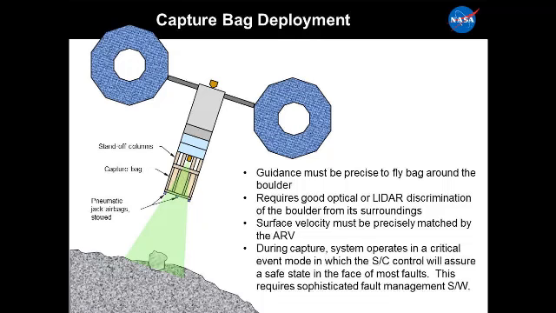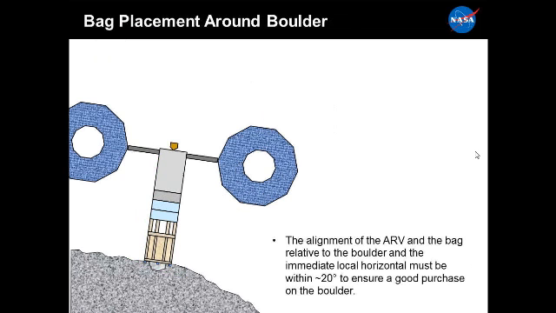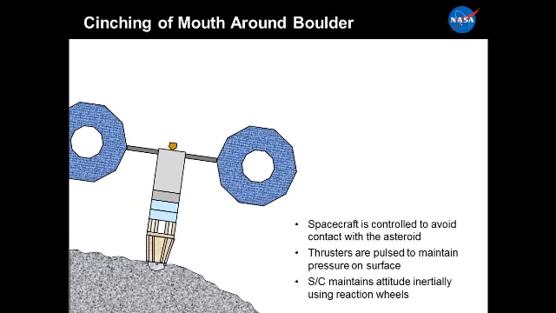Next chart, please. So you fly down to the surface, you basically have aligned yourself with the surface to some angle, and you're holding yourself down in place. At this point, next chart. Here you basically just close the mouth of the inflatable system. We've seen a lot of concepts that basically do something like that.